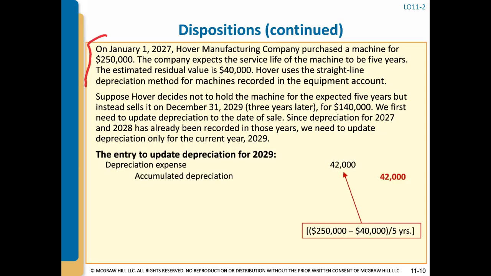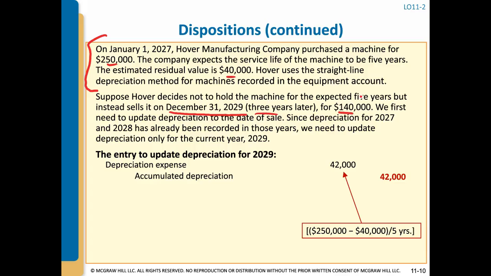We have the same example where we have an asset that costs us $250,000, purchased on January 1, and the residual value is $40,000. Now, suppose Hover decides not to hold the machine for the expected 5 years, but instead sells it on December 31, 2029, which is 3 years later, for $140,000.